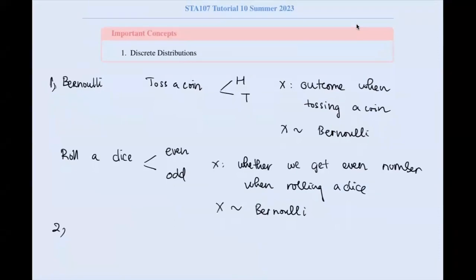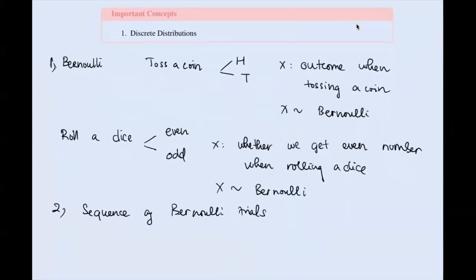If you have a sequence of Bernoulli trials, then the number of successes in n Bernoulli trials follows a binomial distribution.